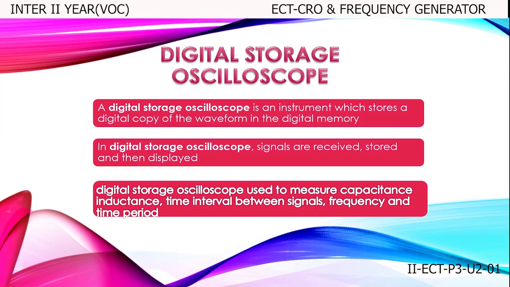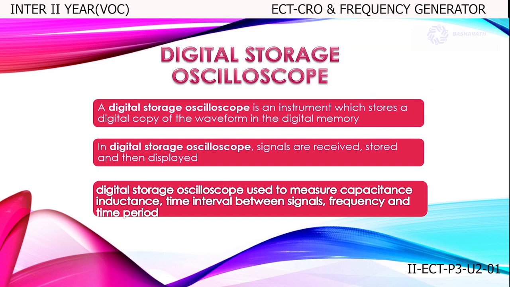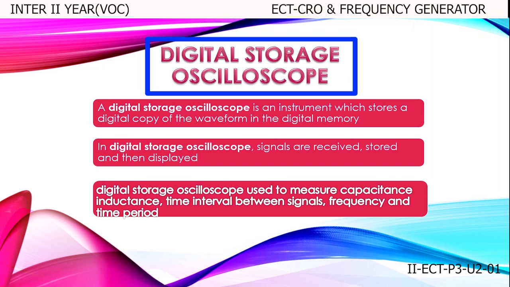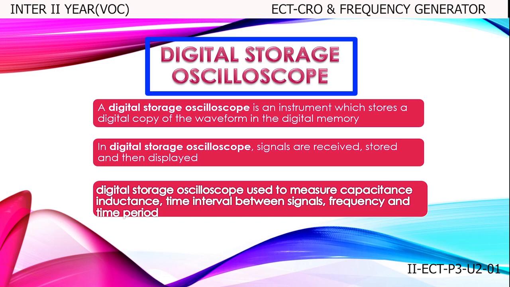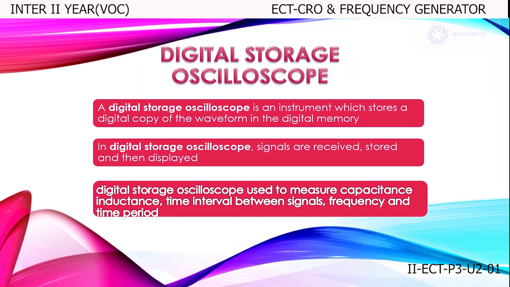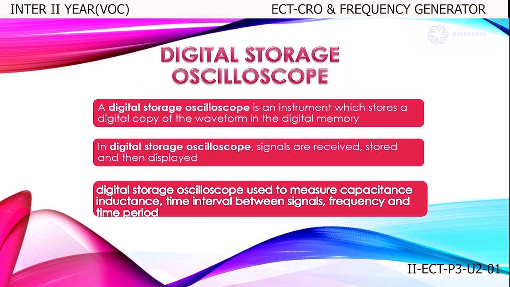Digital storage oscilloscope. A digital storage oscilloscope is an instrument which stores a digital copy of the waveform in the digital memory. In a digital storage oscilloscope, signals are received, stored, and then displayed.